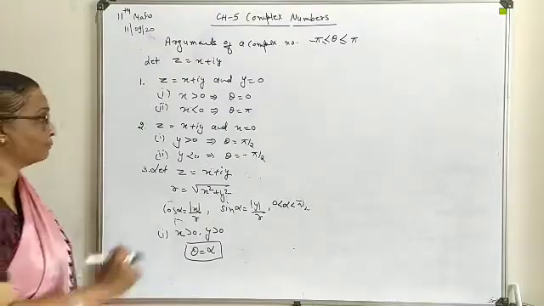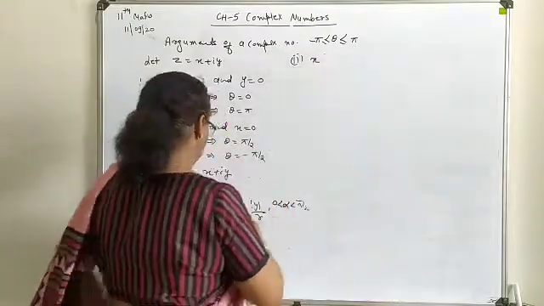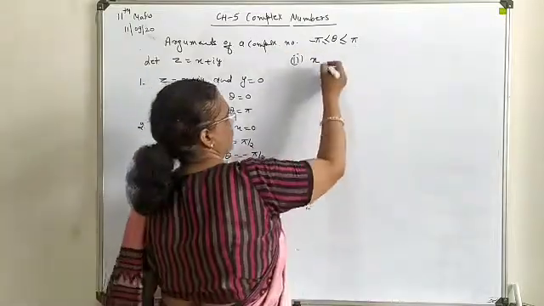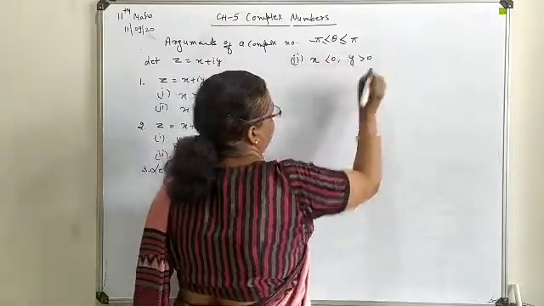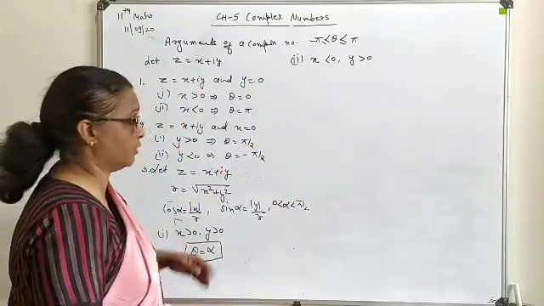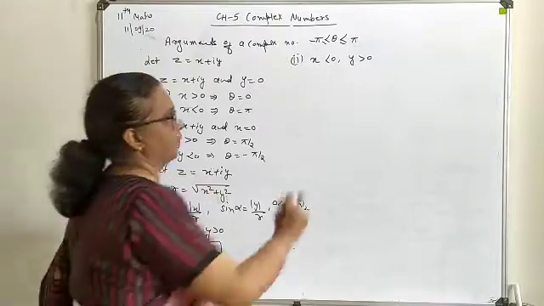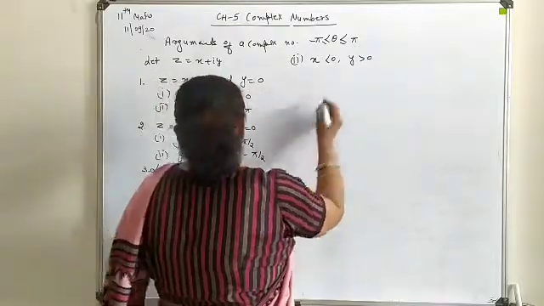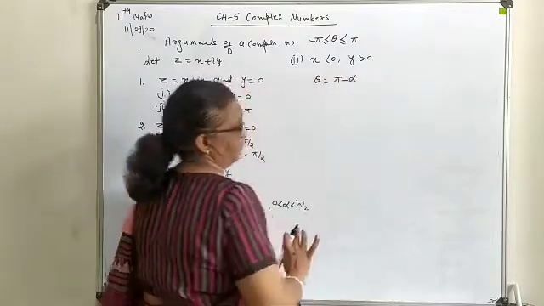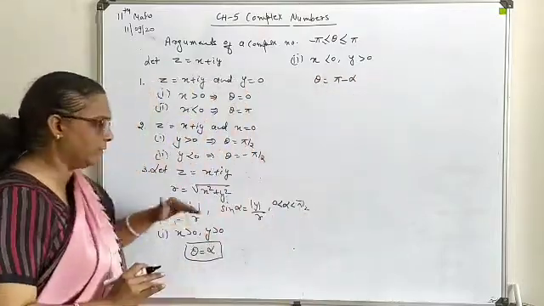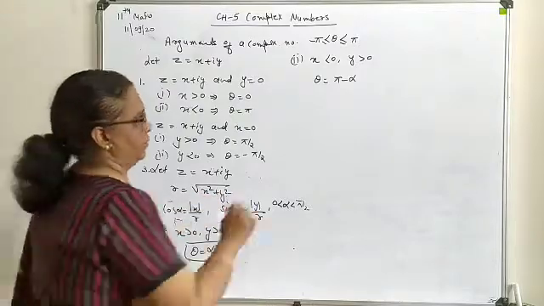Second thing, when x is carrying a negative value and y is carrying a positive value. x negative means cos negative, means you are in the second quadrant. So at that time theta you will have as pi minus alpha. Alpha will remain common and evaluation of alpha will also be based on these two types of combination.